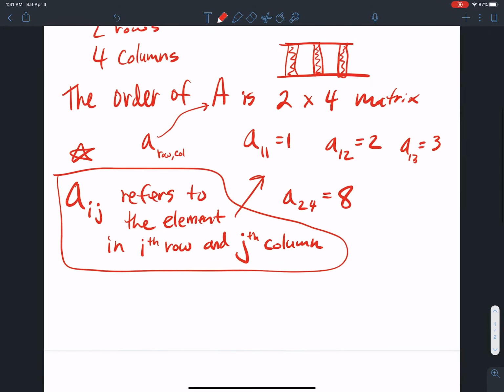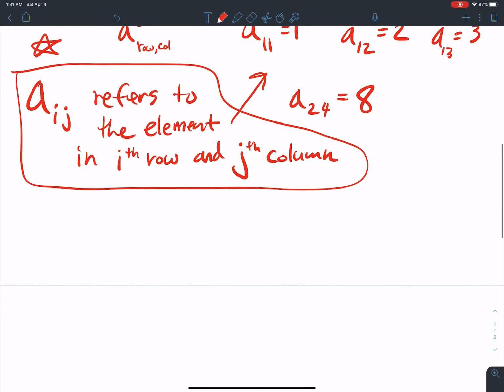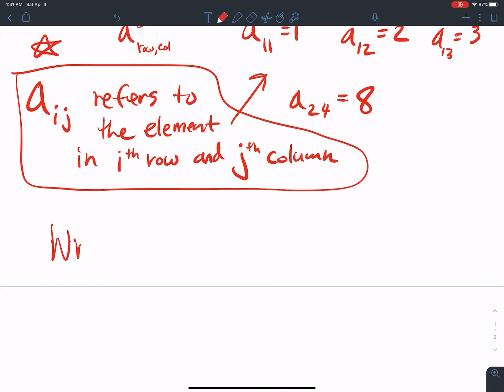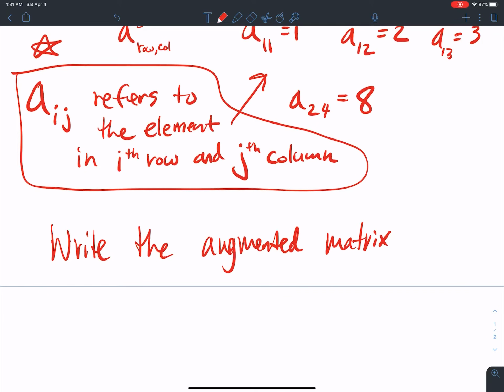All right. Now, you're going to be asked in some of your questions to write the augmented matrix. When you know what that is, it's no big deal. But if you don't know what it is, it's like, augmented? What's that mean?